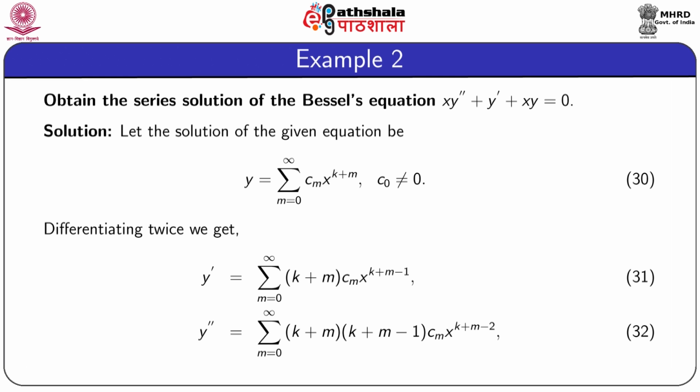We differentiate equation 30 twice and we get y' equal to summation m equal to 0 to infinity (k + m) c_m x^(k + m - 1), and y'' is equal to summation m equal to 0 to infinity (k + m)(k + m - 1) c_m x^(k + m - 2).